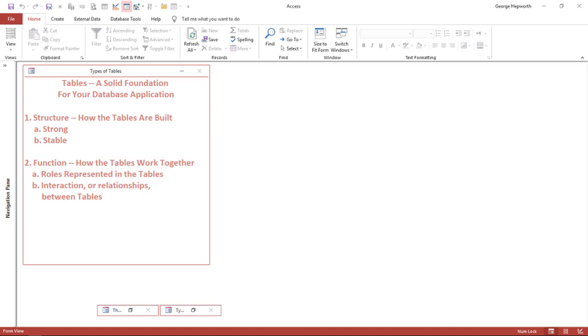So let's start by looking at our original assumption here, which is that we're going to start working on tables in every new database we build. That's just a fundamental principle that we always follow. But there's a good reason for that.